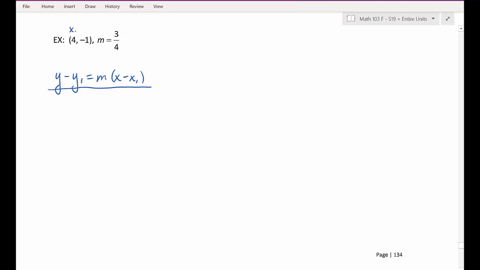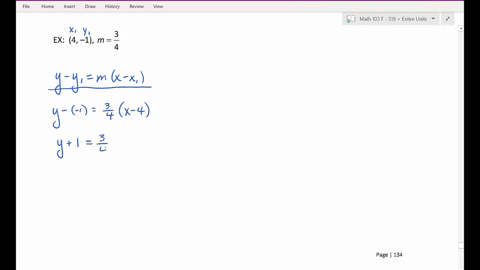So we'll have our x1 and our y1, plugging it into our equation. We get y minus a -1 equals 3/4 times x minus 4. Change that left side to be y plus 1 and distribute the 3/4 on the right.